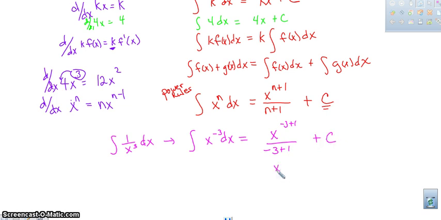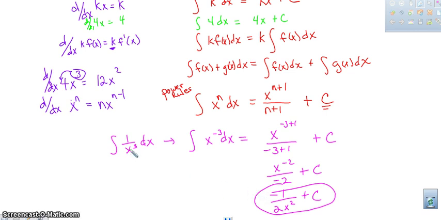So that becomes x to the negative 2 over negative 2 plus c, which is just negative 1 over 2x squared plus c. If I want to make sure that's right, if I take the derivative, I should end up with my original problem.